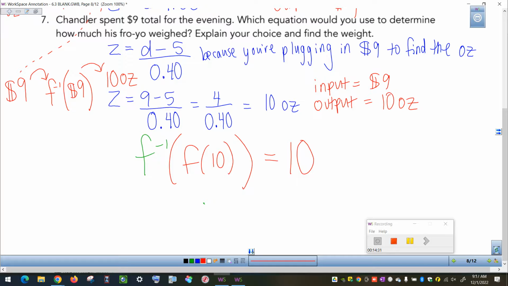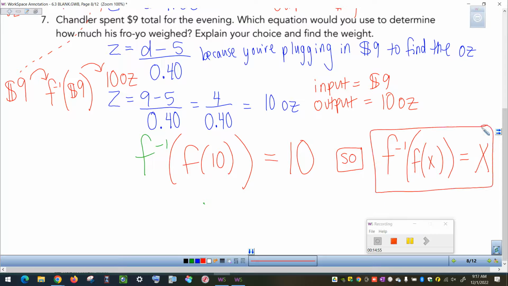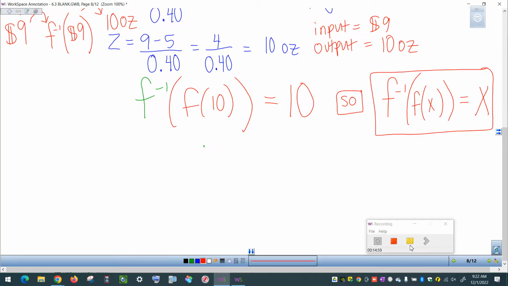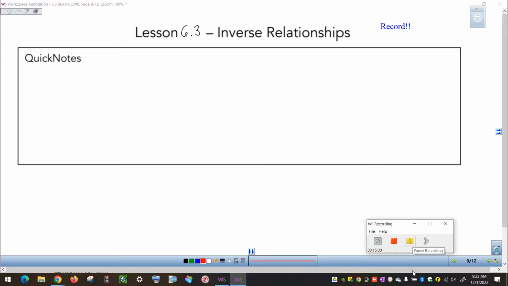Notice how the 10s are exactly the same. And this will actually always be true no matter what the functions are. So one interesting piece from today, the way that the inverse is related to the original function: f inverse of f of x is always just going to equal x, whatever number you have there in that position.